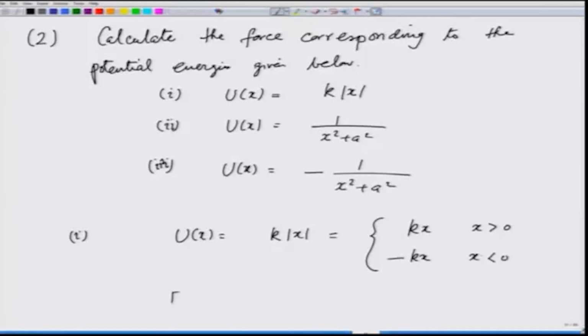The force F(x), which is minus dU by dx, is going to be equal to minus k for x greater than 0 and plus k for x less than 0. So, let me write this.